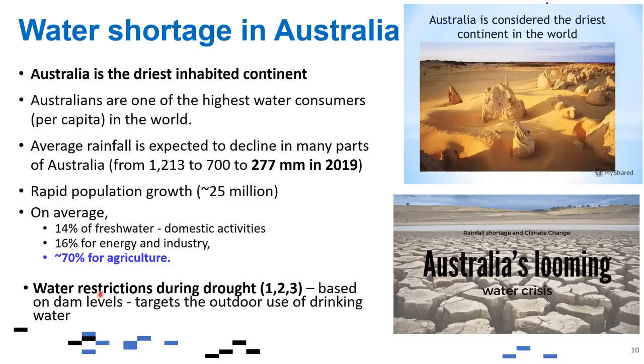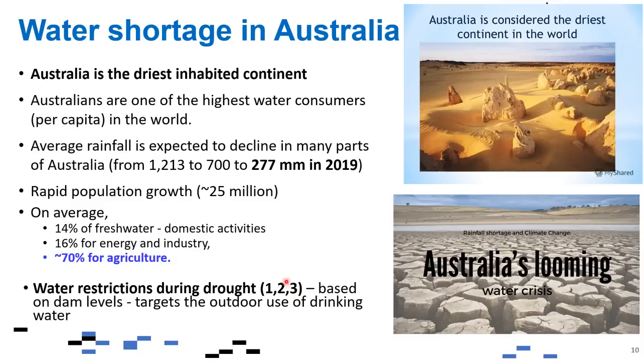During this drought, or during this time that we have some water shortage, the government or Sydney Water is actually imposing water restrictions, at different levels. So this is level 1, 2, and 3, depending on the availability of water in the dams.